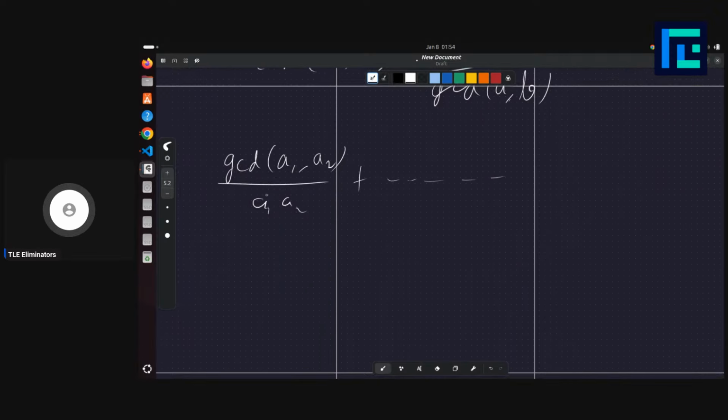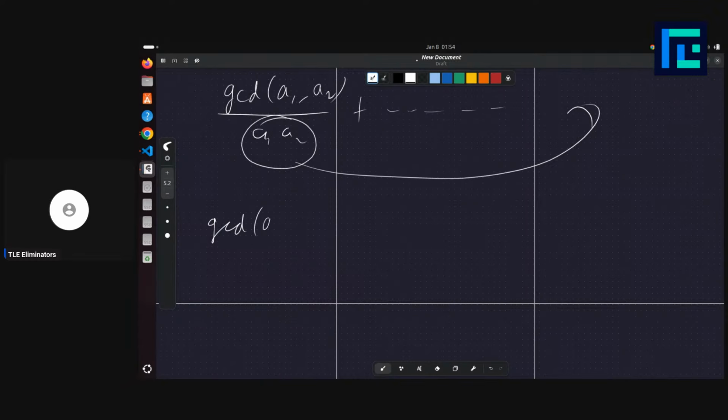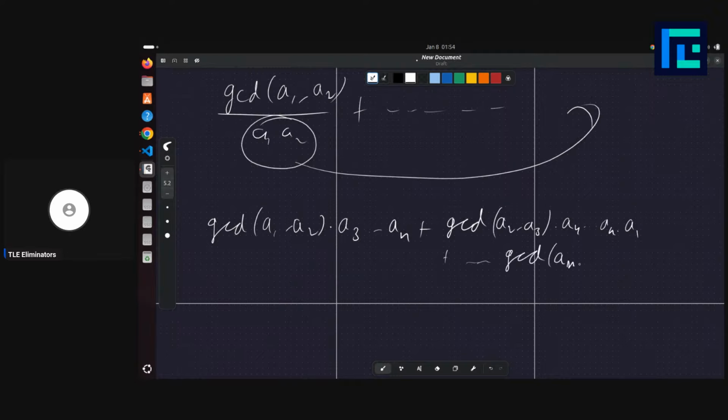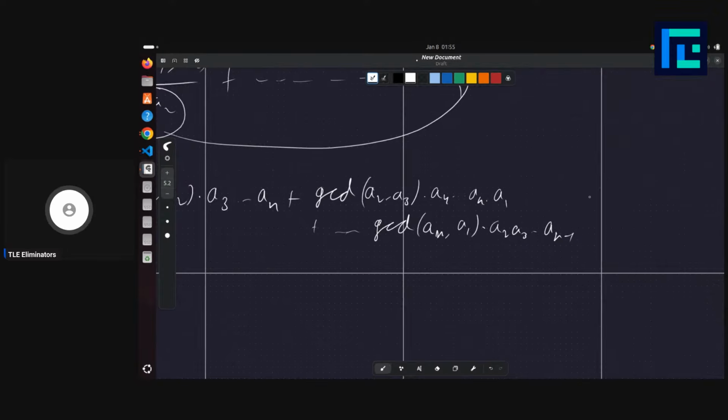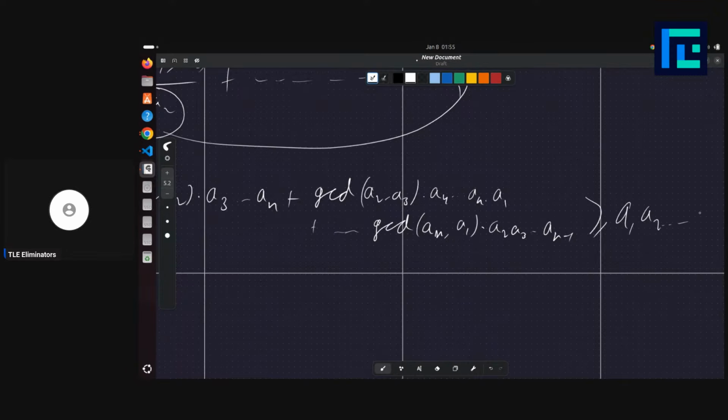So I can multiply the denominator to the right hand side. So what I will get is GCD of A1 A2 into A3 up to AN plus GCD of A2 A3 into A4 up to AN and A1, plus and so on, GCD of AN comma A1 into A2 A3 up to AN minus 1, and this should be greater than equal to A1 A2 up to AN.